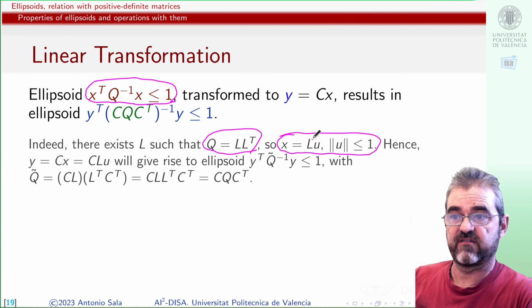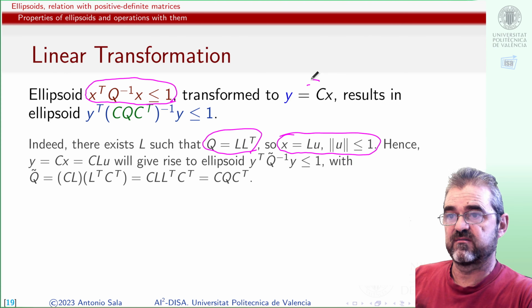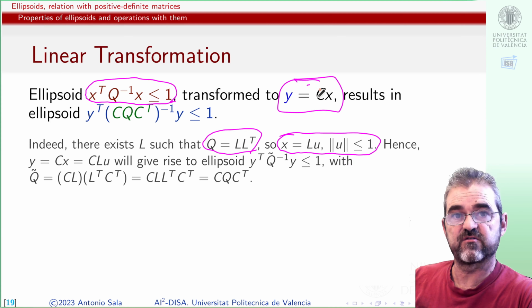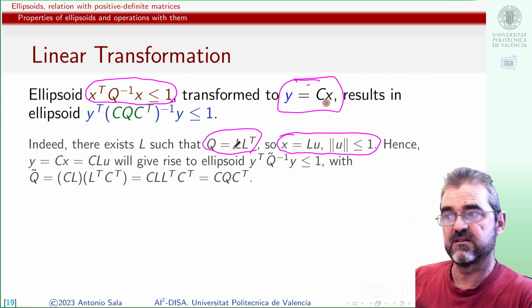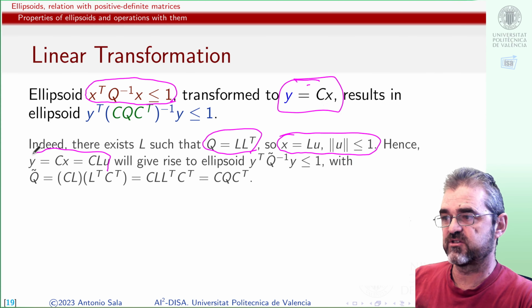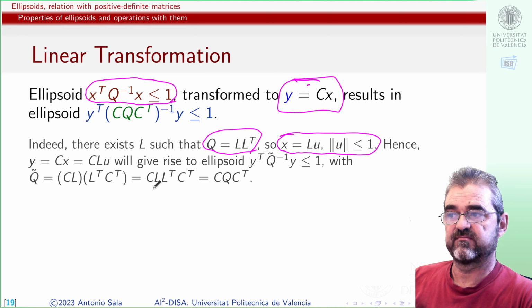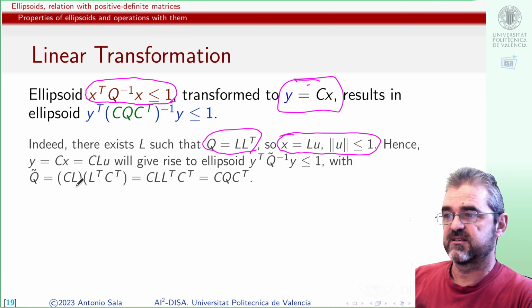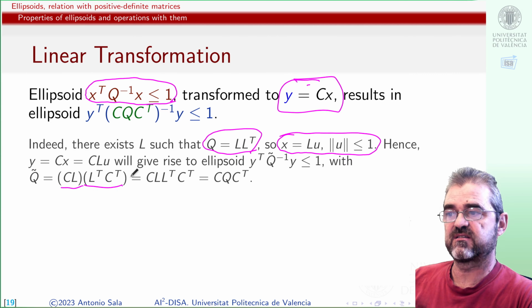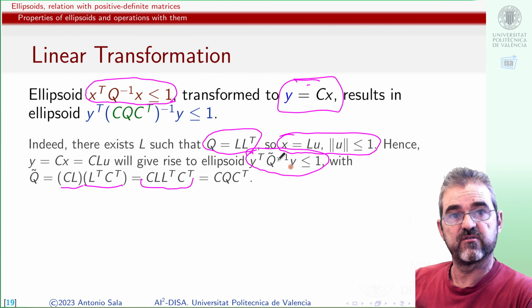So once I have L transforming a sphere, then if I transform it with another cascade transformation, multiplying that thing by C, then the overall transformation from a sphere will be matrix CL. So the matrix CL times its transposed, which is this thing, will define the resulting ellipsoid for me.